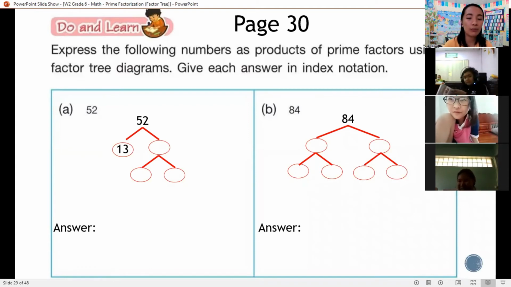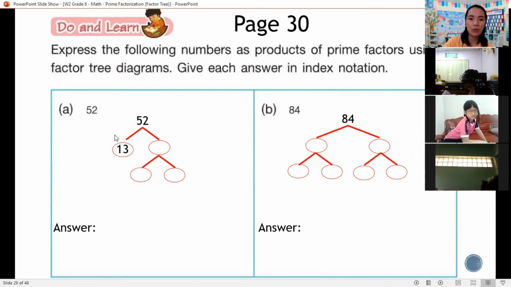Letter A. Express the following numbers as products of prime factors using factor tree diagrams. Give each answer in index notation. So for example, we have 52. I give you one prime number here, 13. What will we multiply to 13 to get 52? 4.